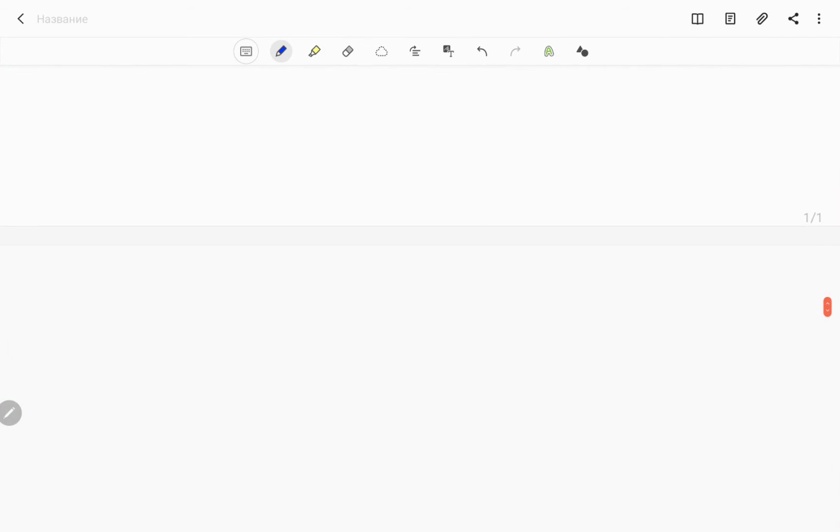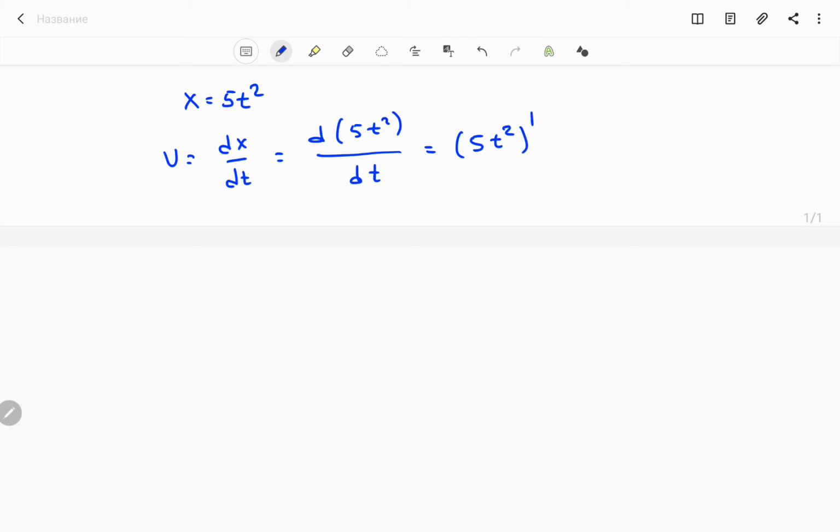The equation for position x is given, for example, let's say it's equal to 5t squared. So the derivative of this equation with respect to time, d/dt of 5t squared, or sometimes we write it in this way. We are talking about the same thing.